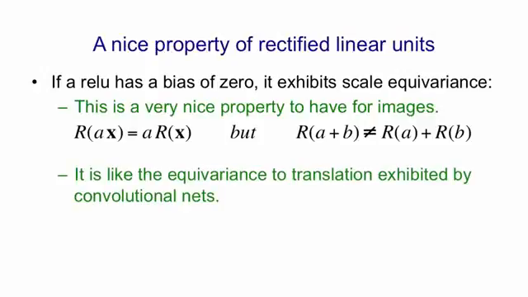So if we ignore the pooling for now, in a convolutional net, if we shift an image, the representation of a shifted image is just a shifted version of the representation of the unshifted image. So in a convolutional net without pooling, translations of the input just flow through the layers of the net without really affecting anything. The representation at every layer is just translated.